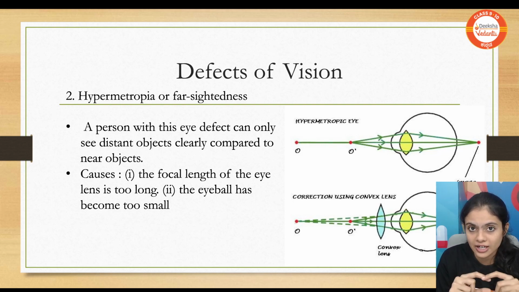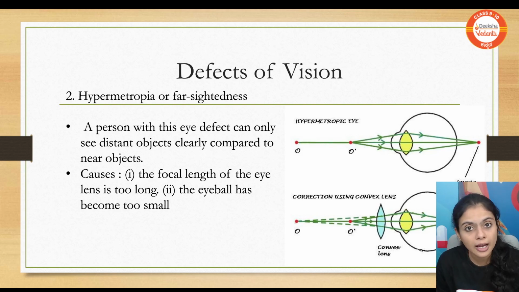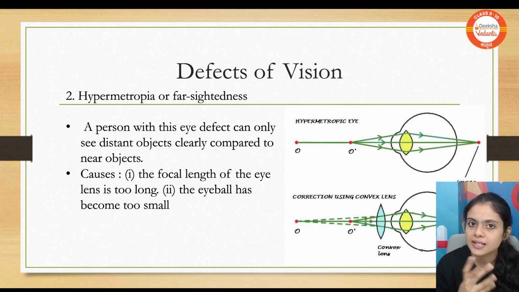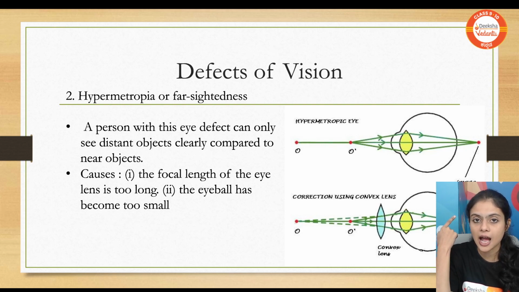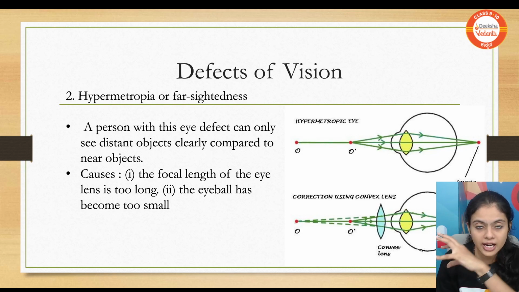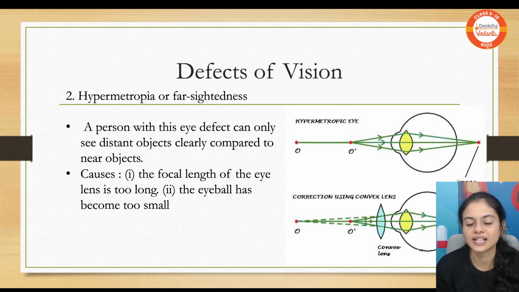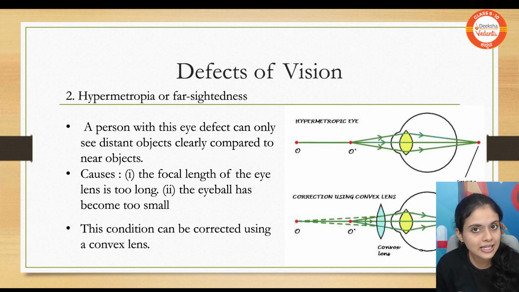If eyeball elongation is for myopia, a small eyeball is for hypermetropia. Remember these points. As the focal length is more, the image is formed behind the retina and we have to bring it forward, so we use a converging lens, which is a convex lens. Hence, a convex lens is used to correct this defect.